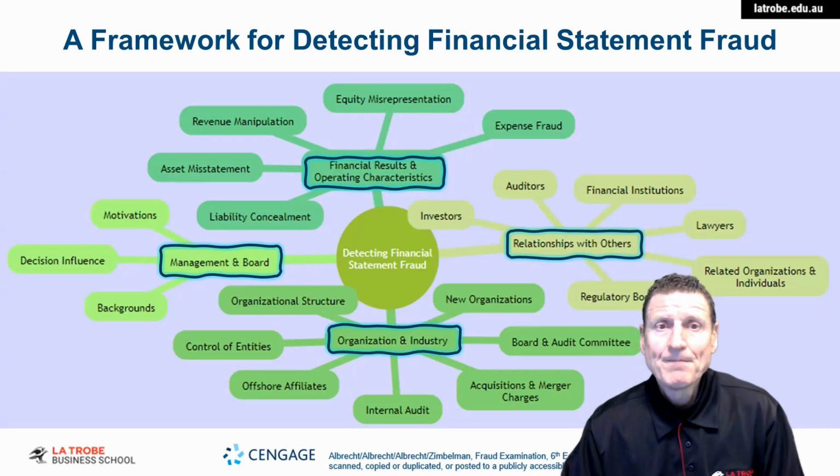Next, you have relationships with others. And every one of these relationships you need to consider. Auditors, financial institutions, lawyers, and so forth. After that, you need to consider the organization and industry.